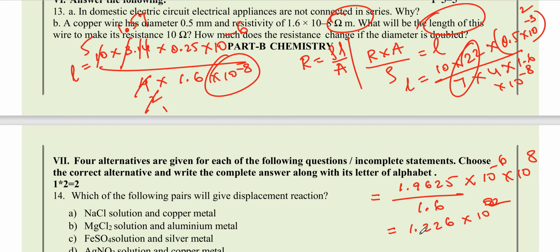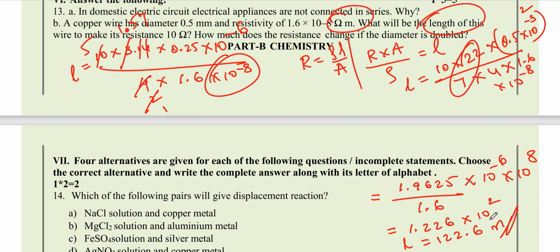If we want to remove 10 power 2, shift the point 2 digits forward, so it becomes 122.6. 10 power 2 means 100, meaning 2 decimals. Plus 2 means shift forward, minus 2 means shift backward. So it becomes 122.6 meters. That is the length.